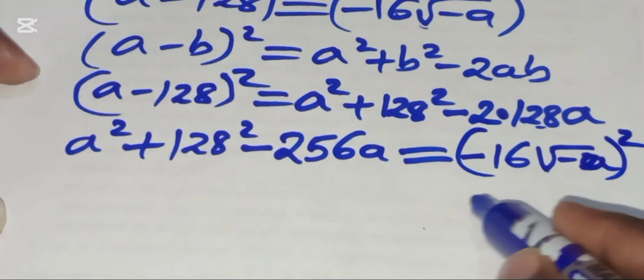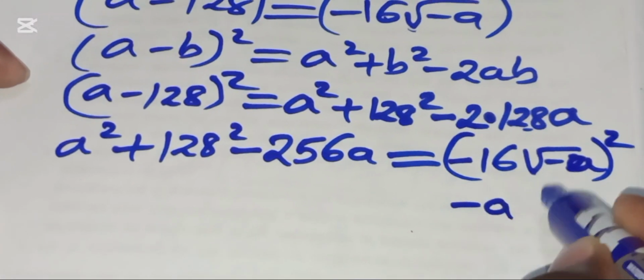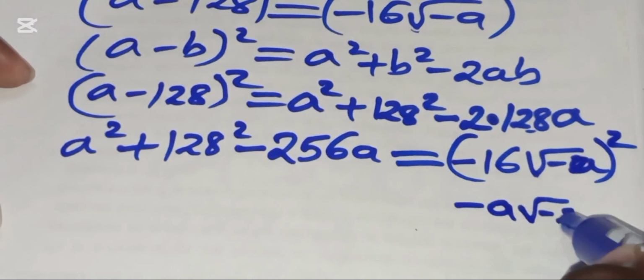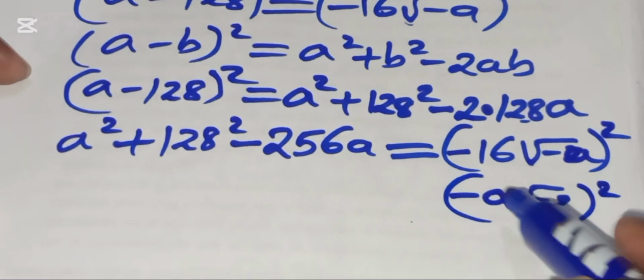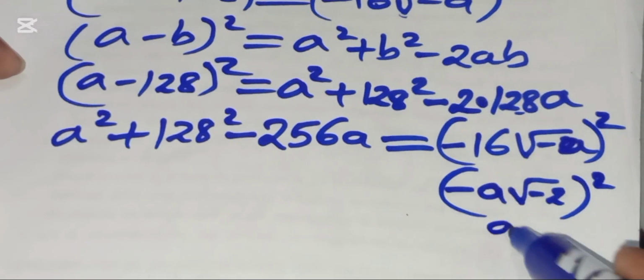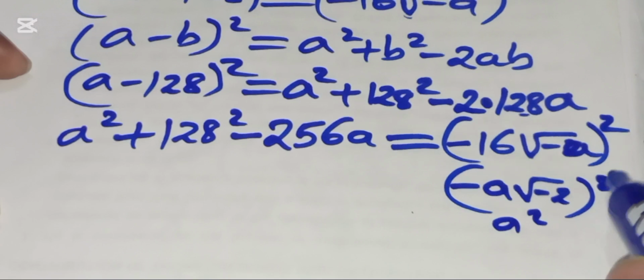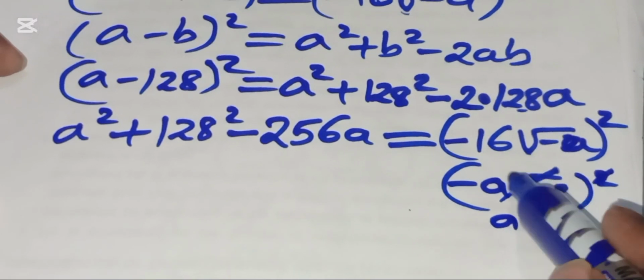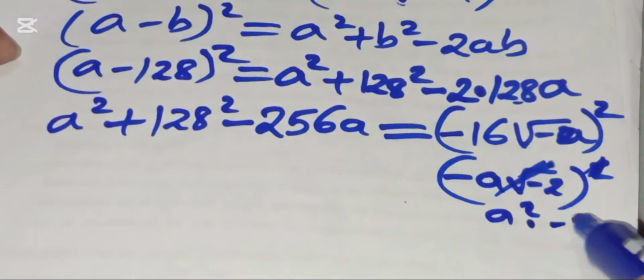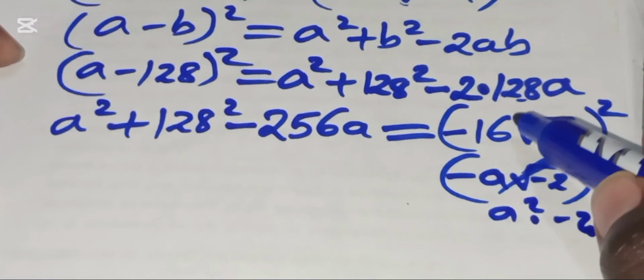So if you have, let's say, negative 2 under a square root and you square it, we square the coefficient independently, and then the square root sign is eliminated, so we multiply by negative 2.